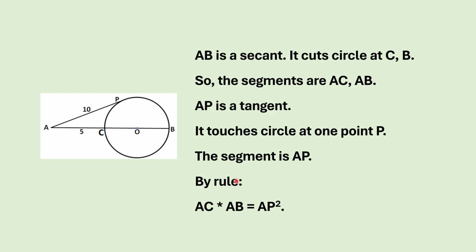So by rule, AC multiplied by AB will be equal to AP square.